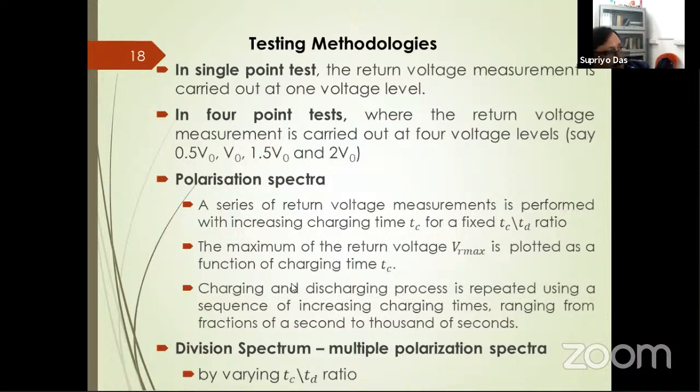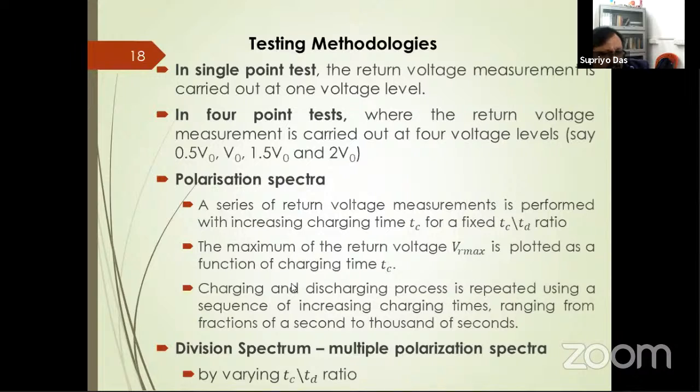So that ratio is maintained, and for a sequence of charging times, we measure the return voltage characteristics. Mostly we plot the initial slope, that is the rate of change of return voltage, with charging time, or we measure the return voltage peak with charging time. Once we get that, we compare it and then try to identify the condition.